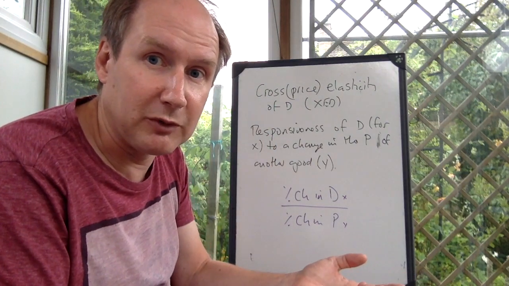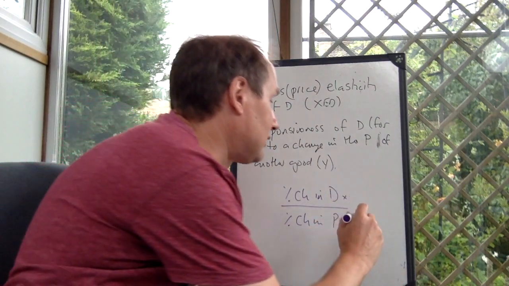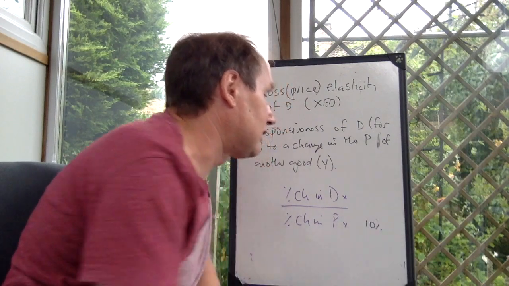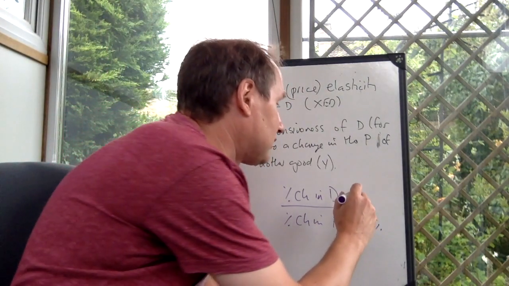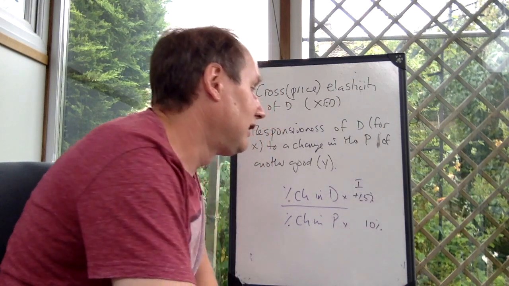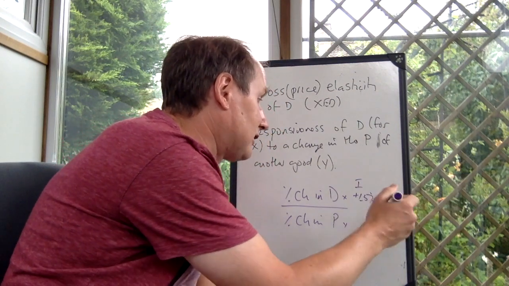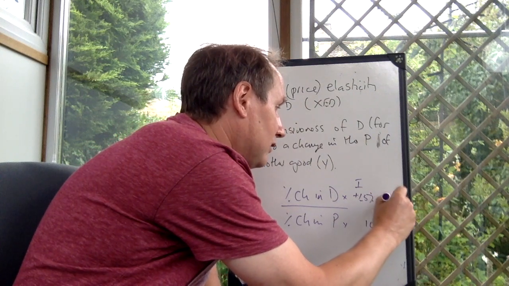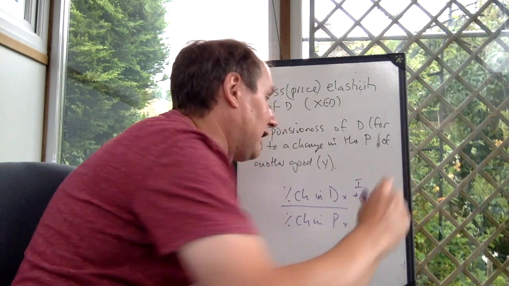So if the price of Y changes by 10% and the demand for X goes either up or down by 5%, then that's inelastic. If the demand for X goes up or down by 20%, then that's elastic.